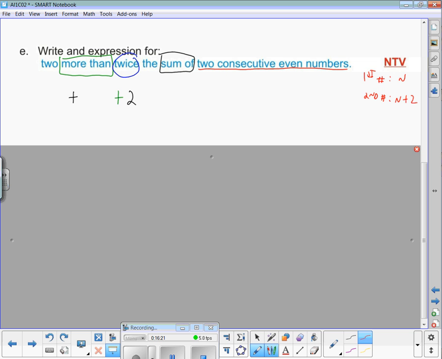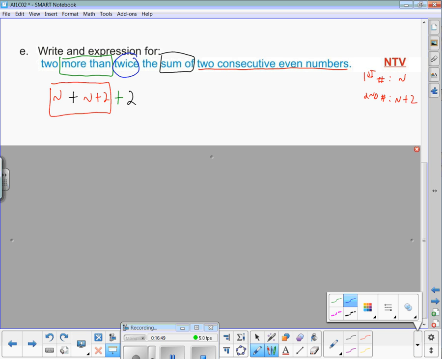The 2 consecutive even numbers, the n and the n plus 2. All right, let me let you look at that and let that sink in. So I just added, right here, that's the sum of 2 consecutive even numbers. Do you agree? N plus 2 is the sum of 2 consecutive even numbers. Yes? Now, how do you do twice something? You multiply it by 2, right?